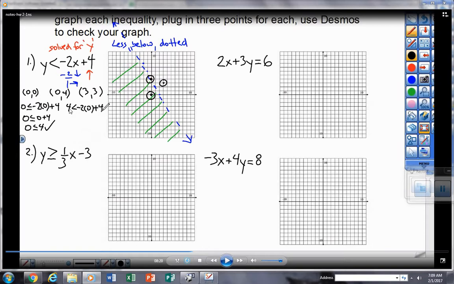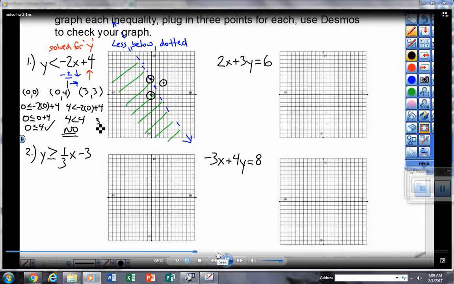Plugged in 4 for y, 0 for x. That should give me a false statement. That gives me 4 less than 4. That is not true. If this was less than or equal to and my line was solid, then that would have given me a true statement. So again, here we go. Now plugging in my other point, 3, 3.